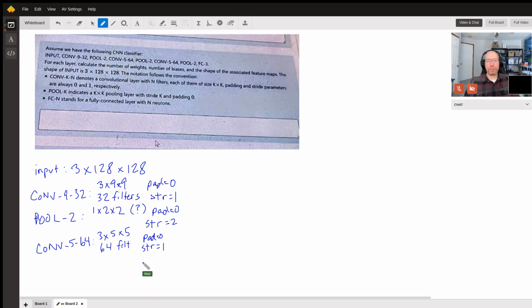Then we've got another pool 2. I won't repeat that one because it's the same thing again. And then another conv 5 64, the same thing again. And then another pool 2 last time.